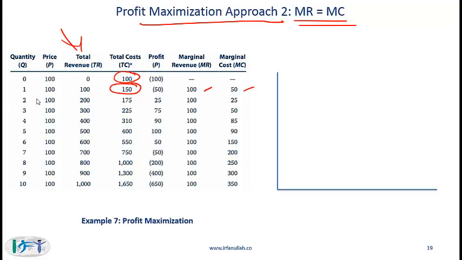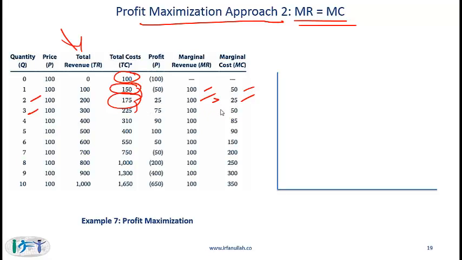With the second item, again, the additional revenue is 100. The additional cost of producing that second item, going from 150 to 175, is 25. Again, marginal revenue is greater than marginal cost, so it makes sense to produce. With the third item, the marginal revenue is still 100.